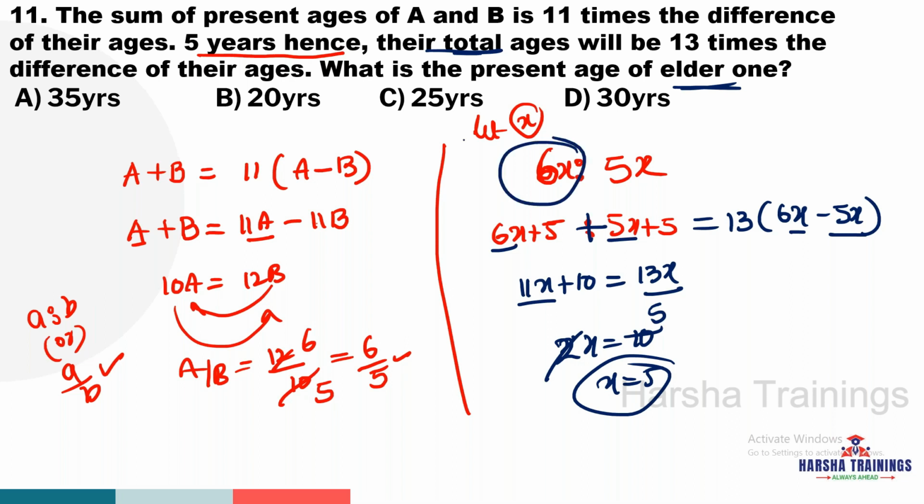What is the age of the elder one? Elder is how many parts here? 6x. Then 6 into 5, 6 5s are 30. Which option is the right answer? Option D is the right answer. Is it clear, guys, all of you? Any doubts regarding this question?